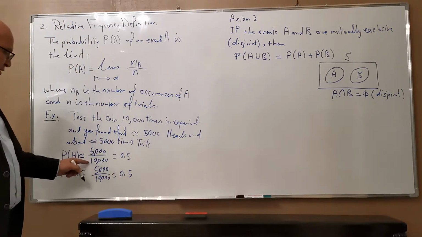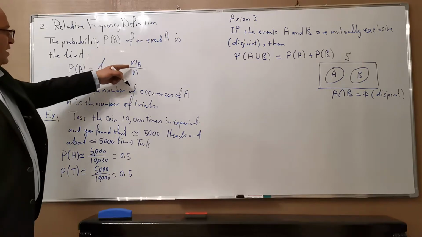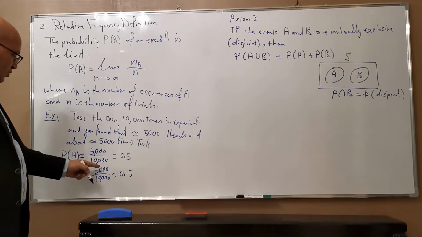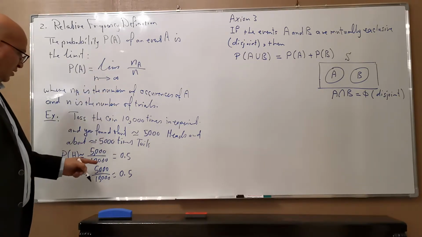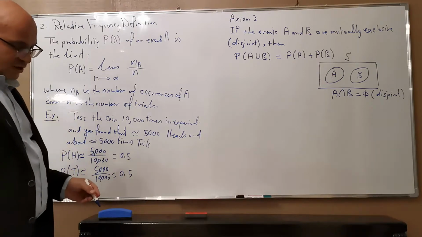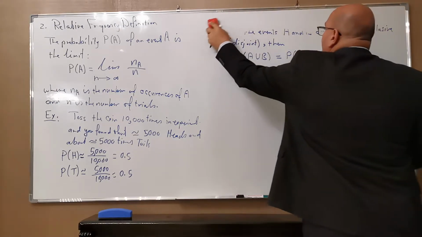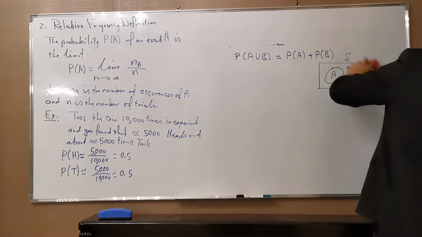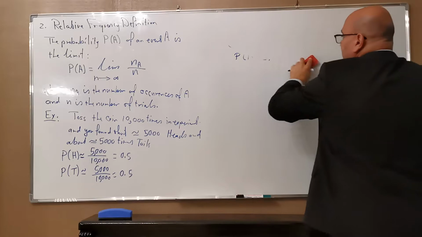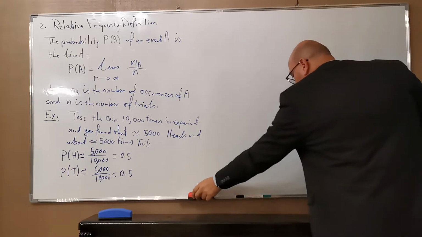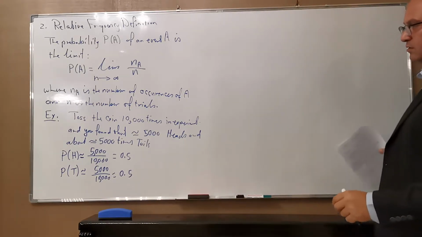So 5,000 divided by 10,000 is NA over N as N approaches infinity, where infinity means a very large number. So you do the experiment so many times to get an accurate result.